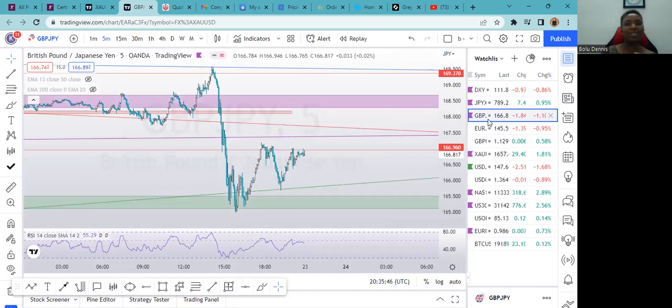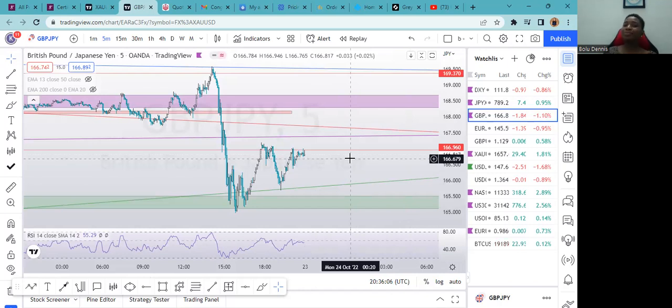baby GBPJPY. This is so funny because on Friday I had to go and visit someone, and I also had to mobilize my puppy going out of the state. So it was quite hectic, but I did check the chart in the morning. I just said, oh, what's it doing?